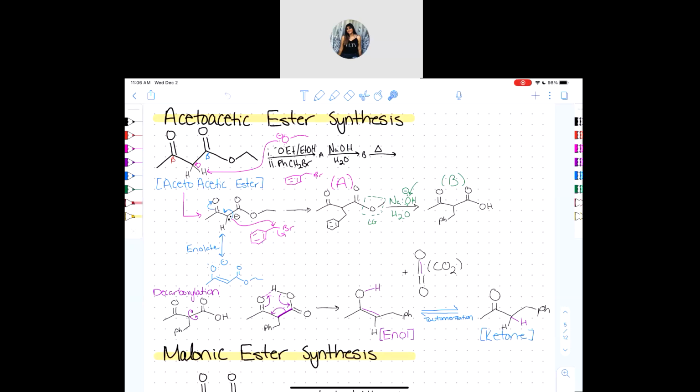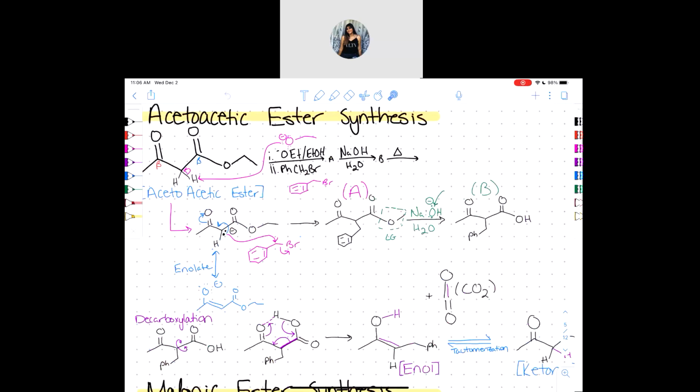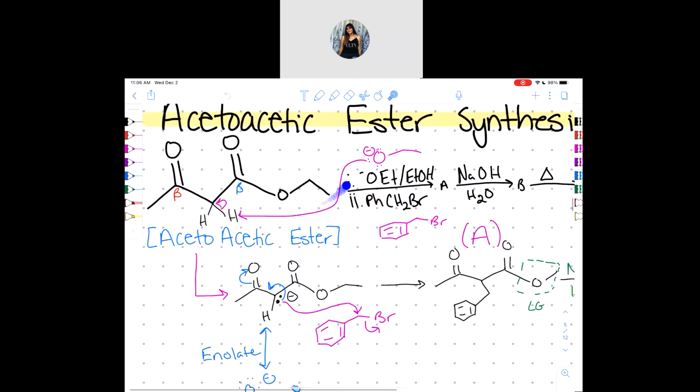And one other thing that I want to mention is we said that this guy's name is acetoacetic ester, but I don't believe I mentioned what the more general name for these types of molecules are. This one specifically is an acetoacetic ester because this has the acetone group, and then this is an acetic ester.